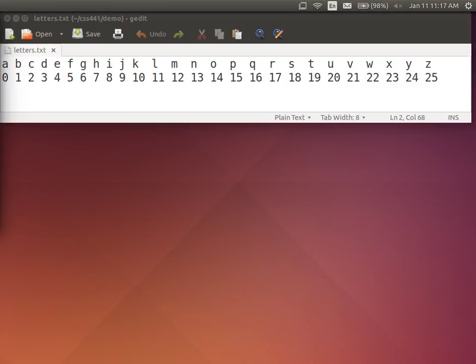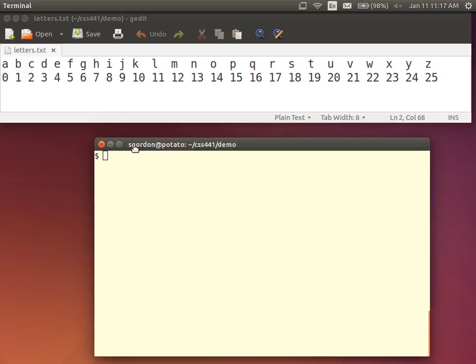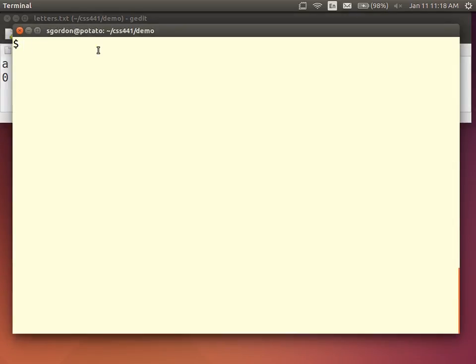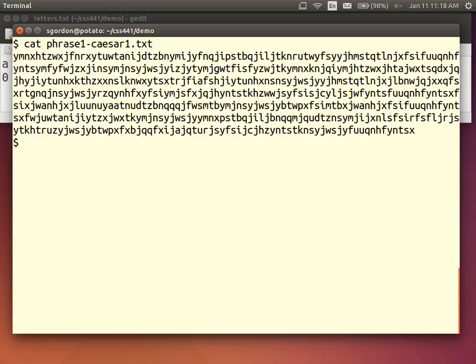Let me find another example, where we know the ciphertext, and we know it was encrypted with the Caesar cipher. So there it is. That's the ciphertext that we've intercepted, longer again.